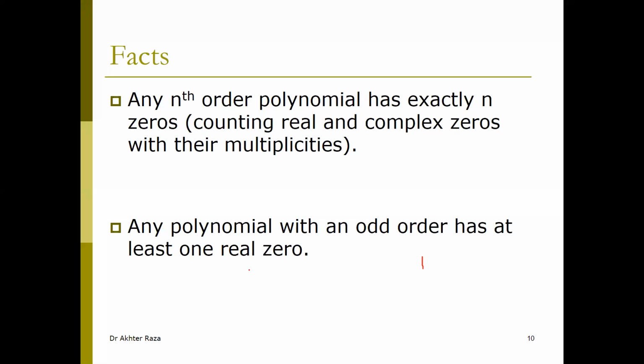Meaning what? Meaning that for an odd power, suppose we have a third degree equation, then we may have all 3 real zeros, or we may have 1 real zero, and then 2 non-real zeros will be there. So if there are some zeros which are imaginary, then they will be in a pair format.